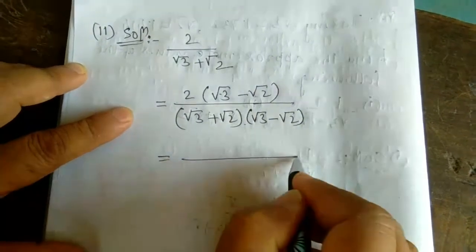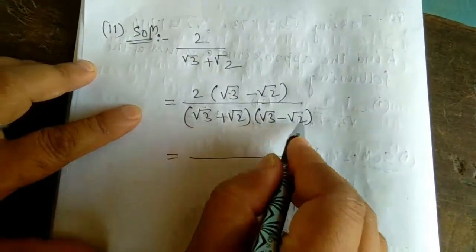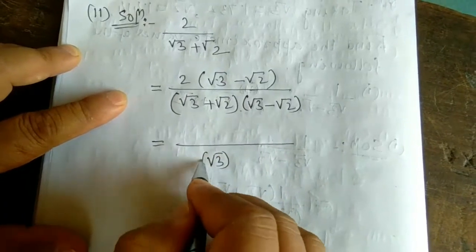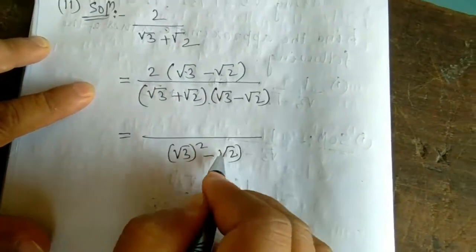From a plus b into a minus b, it is in the form of a square minus b square.